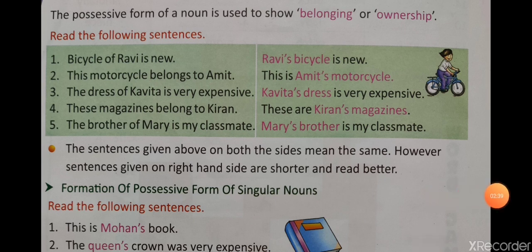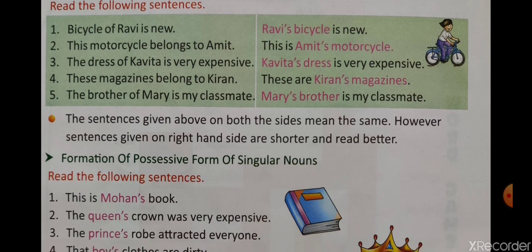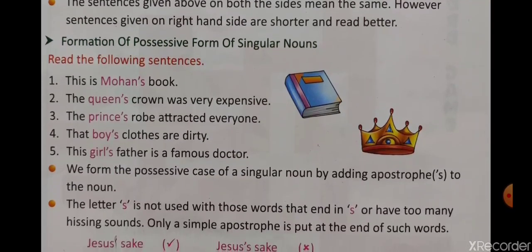So there's one more thing that you have to understand, that both of these sentences have the same meaning, but the form of writing is different, because in one sentence we are writing it normally, while in the other sentence we are using the possessive form. Coming on to the second part of the chapter, which is formation of possessive forms of singular nouns. So here we have to be careful when we are making a possessive form of a singular noun and a plural noun.